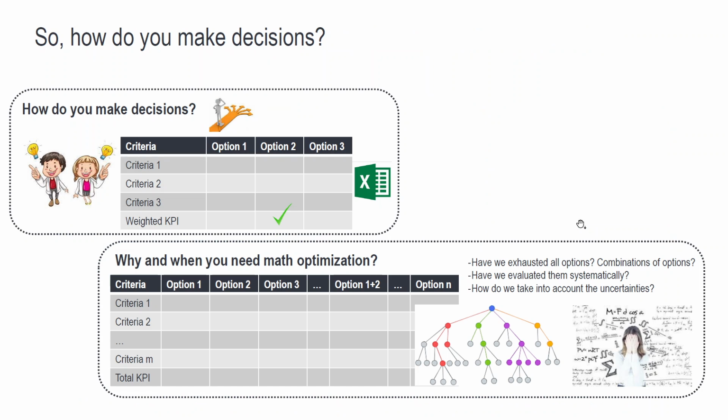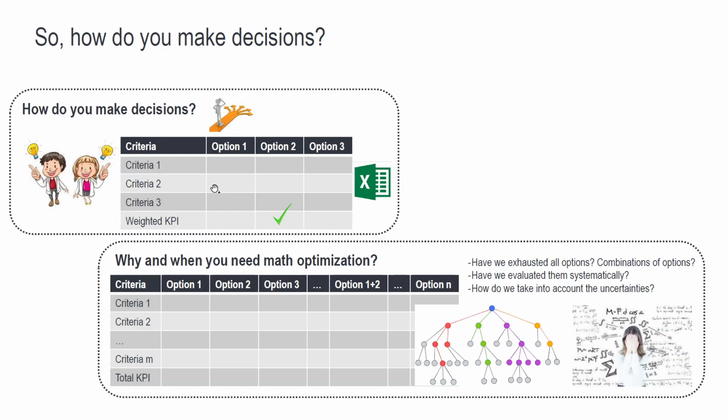Basically, once we get that model to support our decision making, how do we make decisions? Typically, if we have different options, option one, option two, option three, and some other options, we can then put some criteria to differentiate these options.